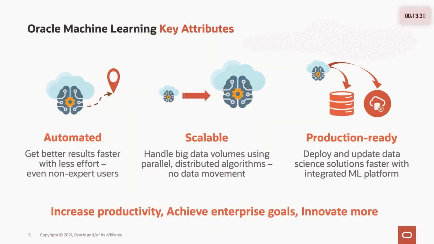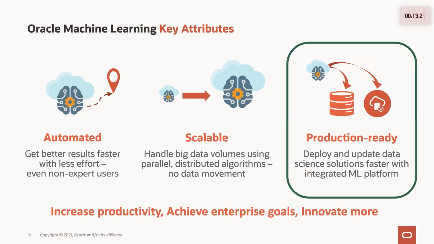And the idea with OML Services is actually to facilitate some of the key attributes that we have for Oracle Machine Learning. And the main one for us is being production ready, right? How to deploy the models, very quickly. So OML Services has other features, but this is probably the one we're going to spend the most time with today, talking about the deployments.